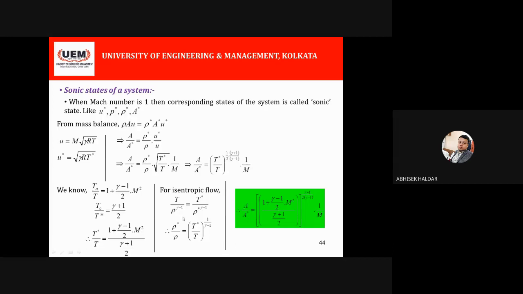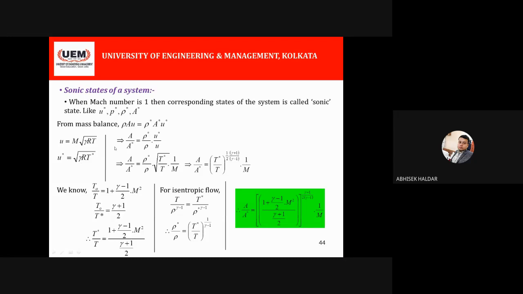So this derivation is clear? The sonic states, how to correlate. Yes, sir. Okay, so different terms I can correlate. Practice this last derivation and this derivation. These are very small derivations, there is no big deal. You just have to apply the different equations that you know earlier for isentropic flow.